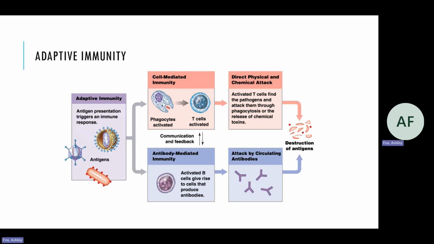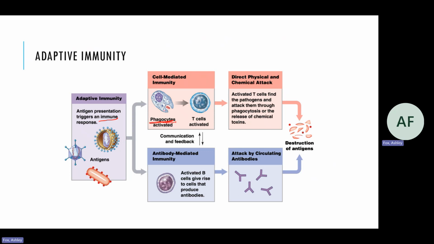So again, looking just at our adaptive immunity, that's what we're talking about. Antigen presentation triggers the immune response. Again, you have some way of saying there's some sort of infection going on inside the body. For cell-mediated immunity, we depend on our innate response.